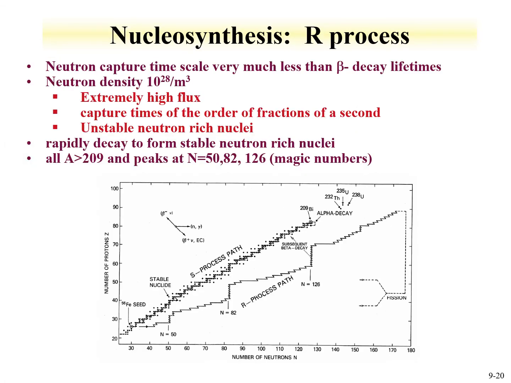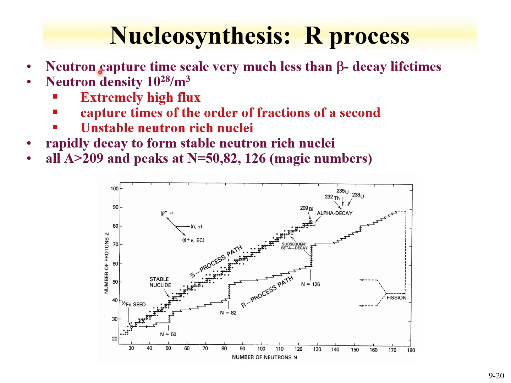The R process is when we have neutron captures on time scales that are less than the beta decay. So previously on the S process, it was slow. After capture of a neutron, the isotope had enough time to decay through beta. Well, in the R process, the capture of the neutron is so rapid that the isotope does not have enough time to decay by beta emission if it's radioactive.